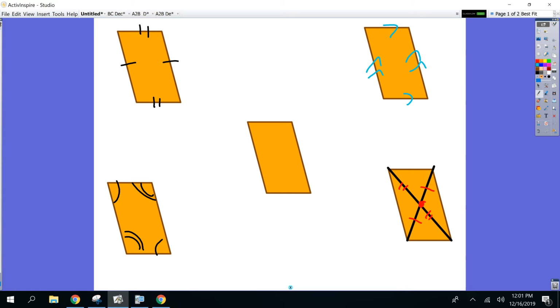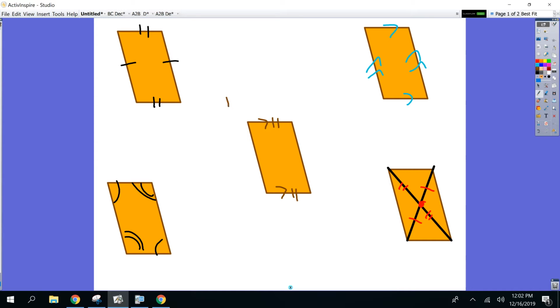Go ahead and read number 5 for me on your chart. Read number 5, the 5th way to show a quadrilateral is a parallelogram. And that is if you take one pair of opposite sides and show them what? If they are parallel and the same pair are congruent.